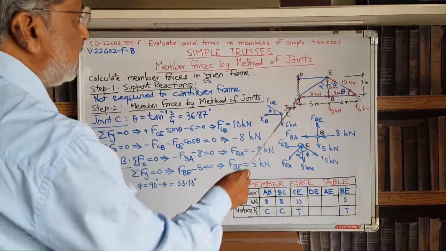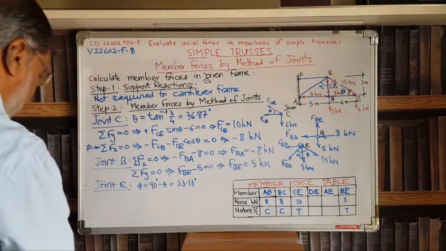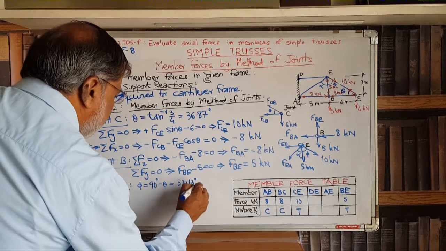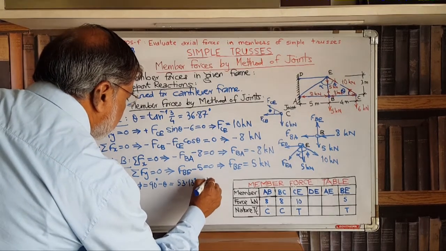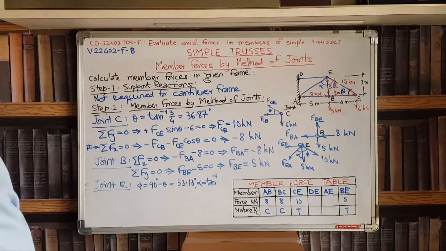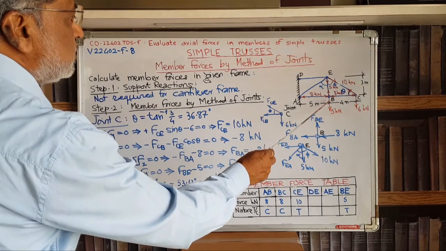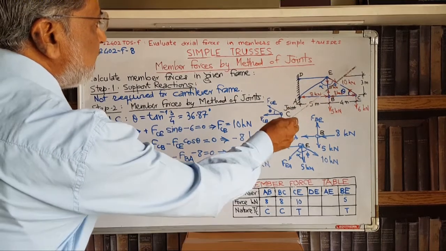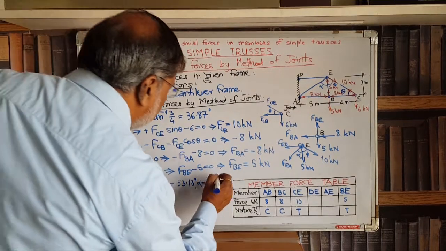We will also require this angle alpha. So angle alpha will be calculated like this. Tan inverse, look at alpha, opposite side is 5 meters and the adjacent side is 3. So 5 upon 3.